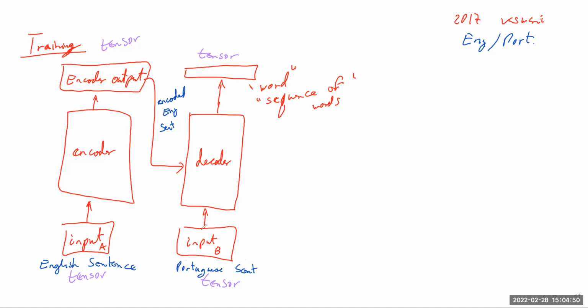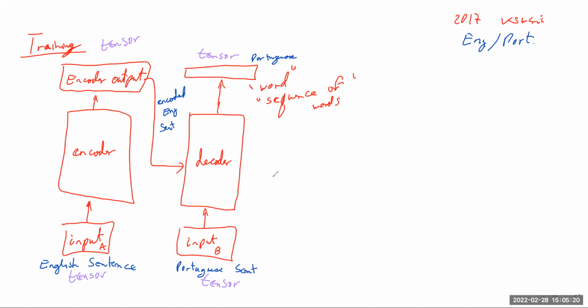So the Portuguese sentence becomes the input to it. You might say that's kind of funny because you probably expected the Portuguese sentence to be over here, right? And you would be correct. The decoder also has the Portuguese sentence as well, except that it's the same Portuguese sentence, but shifted.